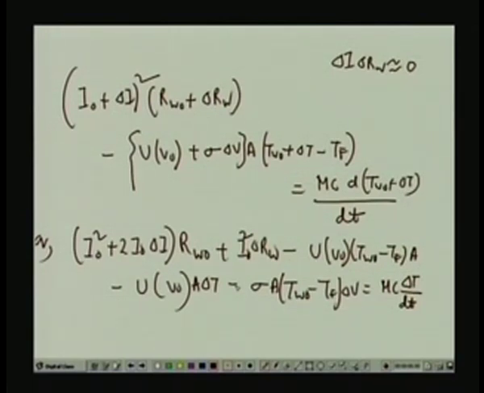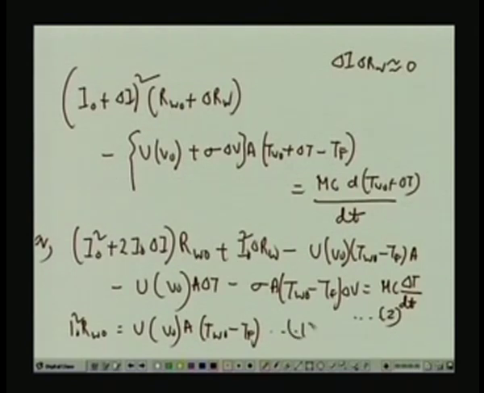If I call this equation number 2, our equation number 1 was I naught square RW naught equal to U V naught A into TW naught minus TF. Okay, this was equation 1, right.